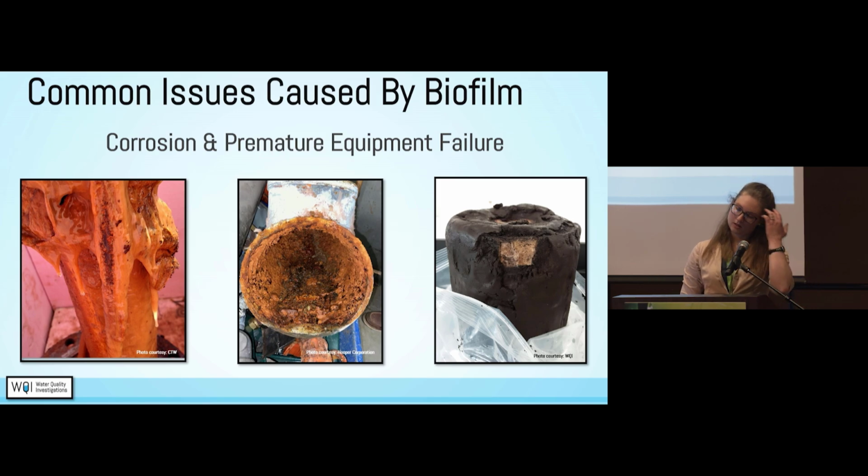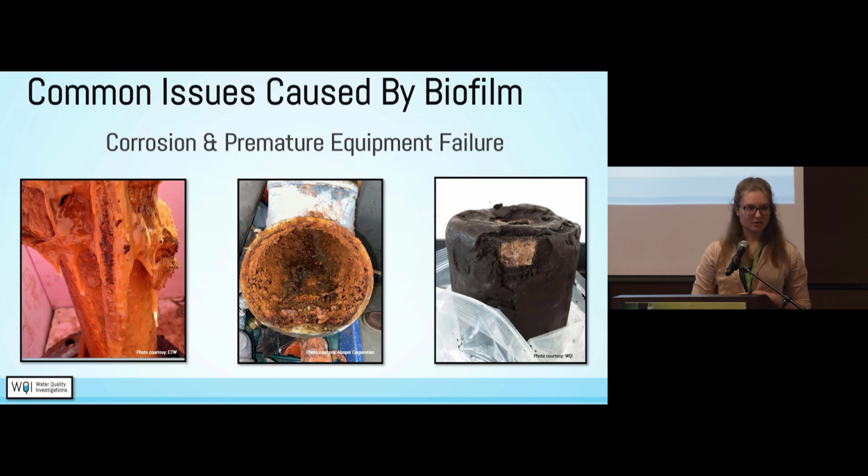In the middle picture, you'll see a distribution main that had just been cut out of a hospital water system, and they had a lot of tubercles, and there was, again, microbial-induced corrosion. The bacteria were short on a nutrient, and then they were targeting those pipes. Now, if you were to try and do a water management plan and incorporate flushing in there, imagine how hard it would be to get Legionella and bacteria out of that.